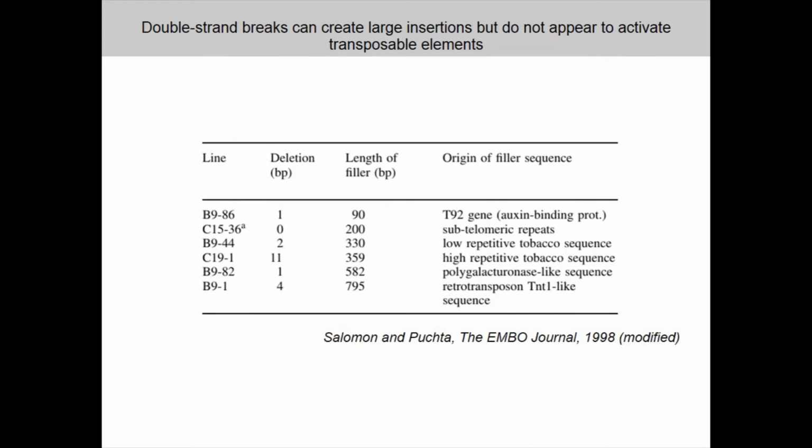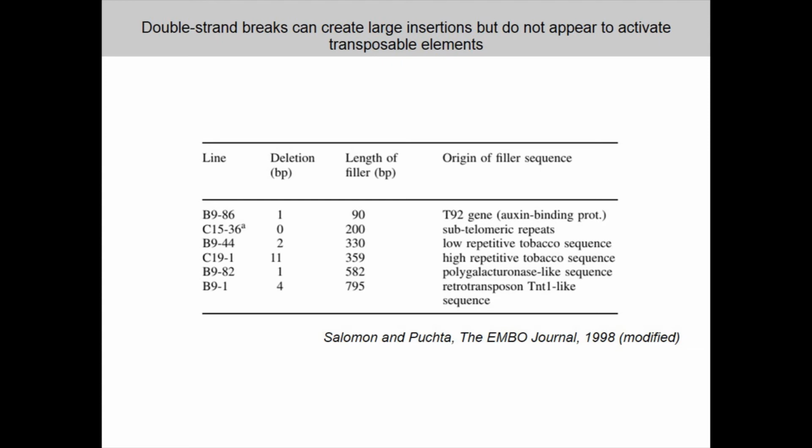A group, actually more than a decade ago, using a similar system, looked at really large events and found that these are typically sampling. Basically, this is what you'd expect randomly if you looked at the tobacco genome, what you would expect to pull out from that genome if you're sampling DNA into your cut site.